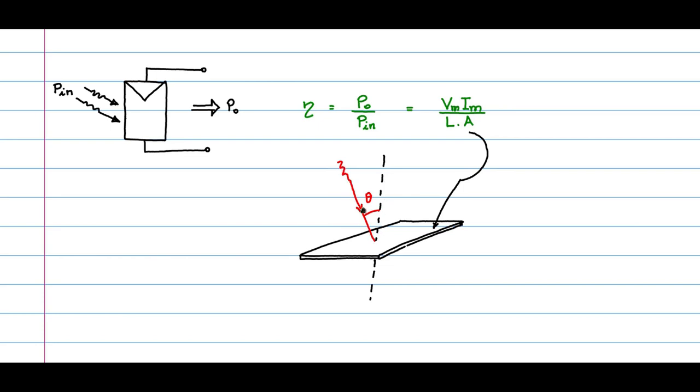So if this is called Li, then what you should consider for the PV panel calculation is Li cos theta, which would be the normal incidence. So what is effectively converted as power is the incident insolation normally on the flat plate panel. So this will become Li cos theta. So now replacing, you will see that Li cos theta is the effective insolation that is given to the panel.